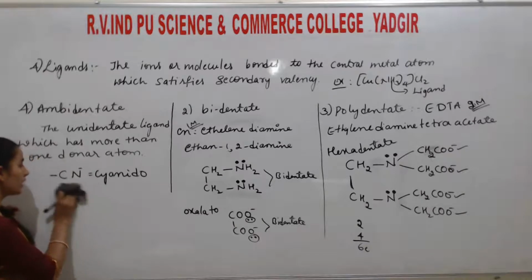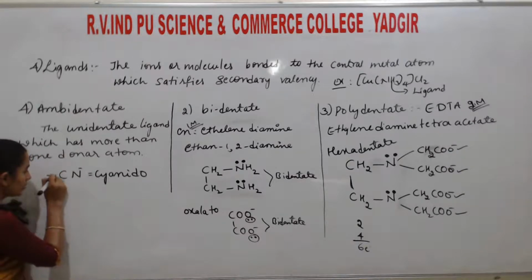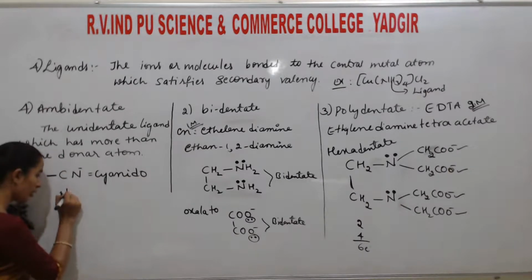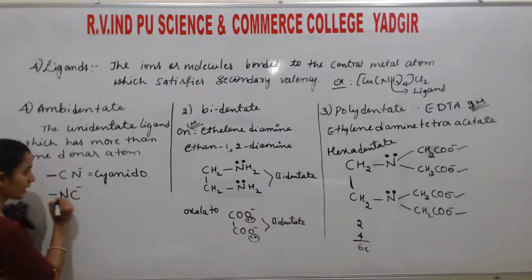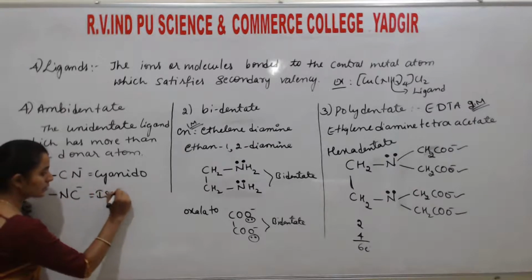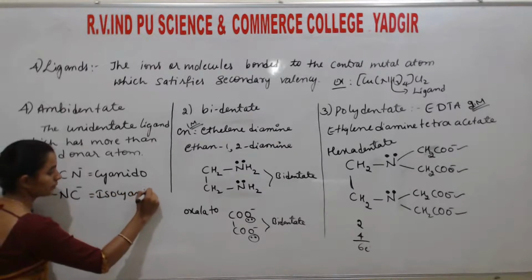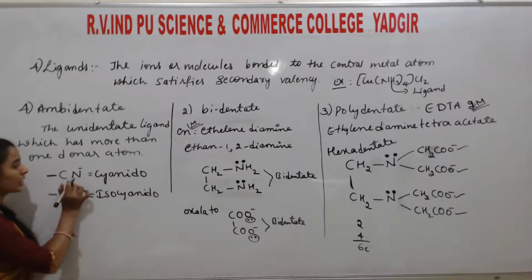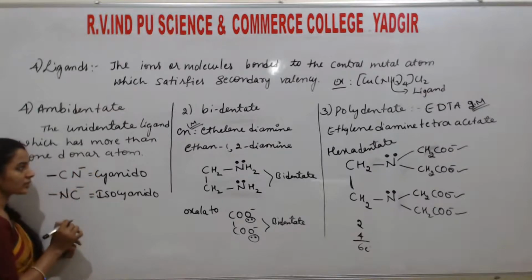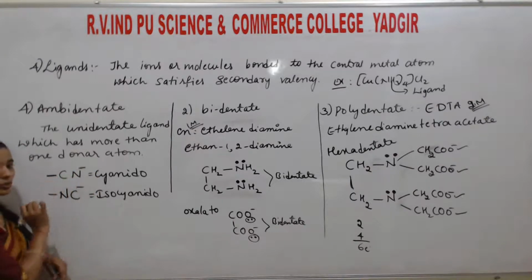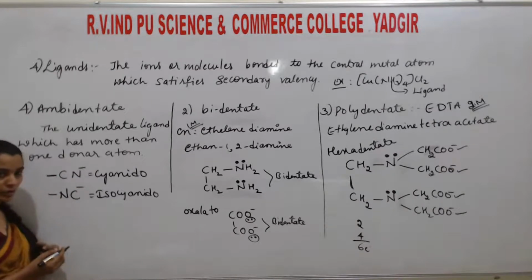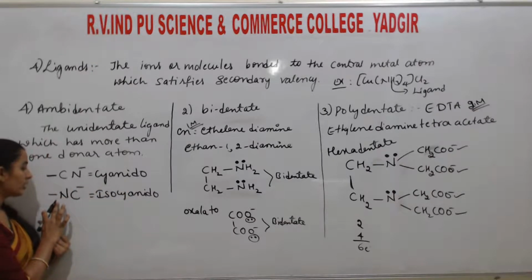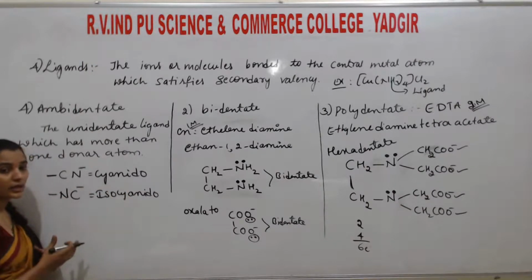So if the lone pair electron is transferred or this is bonded through carbon, then it is cyanide. If it is bonded through nitrogen, NC, then it is isocyanide. Understood? So CN and NC are the same ligand, a unidentate ligand with minus one charge. It can bond through carbon as well as through nitrogen. If it is bonded through carbon, it is called cyanide. If it is bonded through nitrogen, it is called isocyanide.